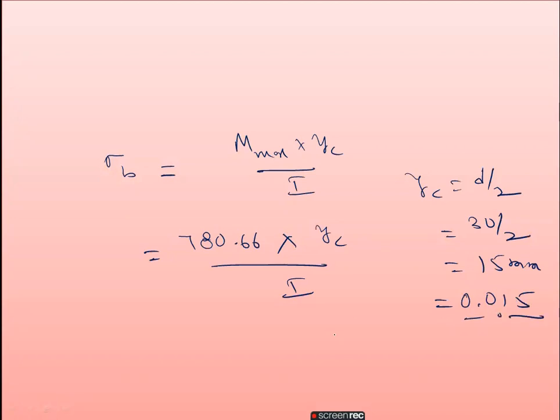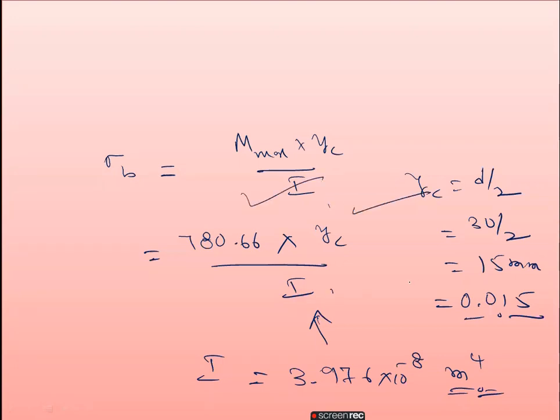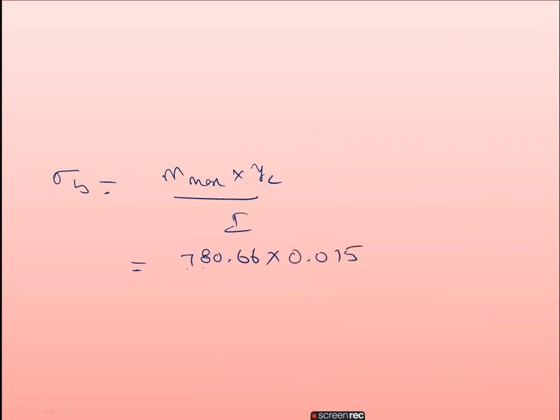If you convert into meters, you get 0.015. And the I value, how much? Just now we calculated it, 3.976 into 10 power minus 8 meter power 4. Now we have M max as well as yc as well as the moment of inertia. We will substitute into the sigma B value, that is M max into yc by I. M max is 780.66, yc is 0.015, and moment of inertia is 3.976 into 10 power minus 8.